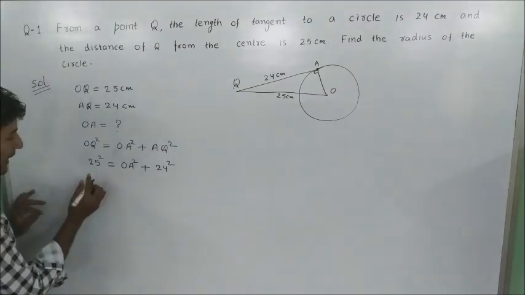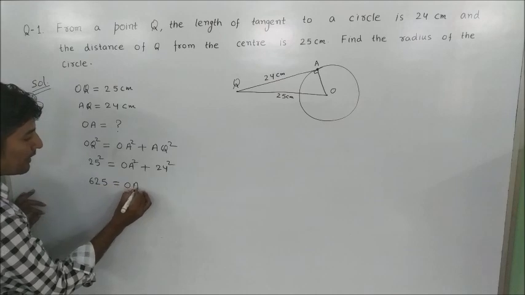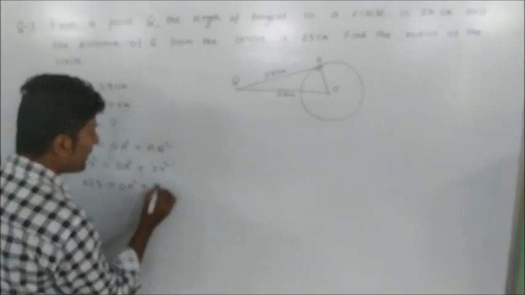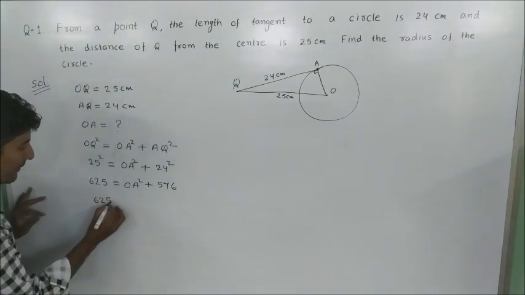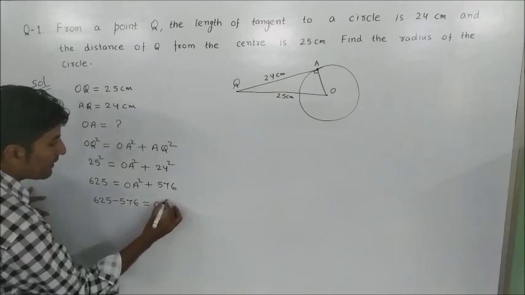The square of 25 is 625, which equals OA square plus 24 square, which is 576. So 625 minus 576 equals OA square.